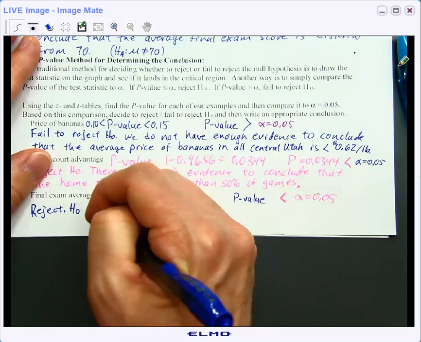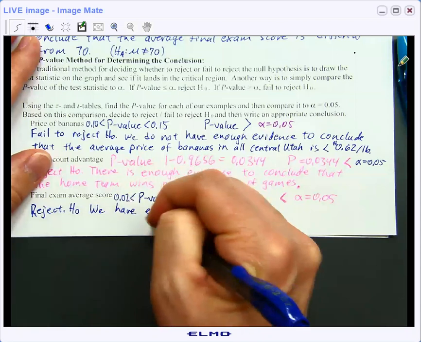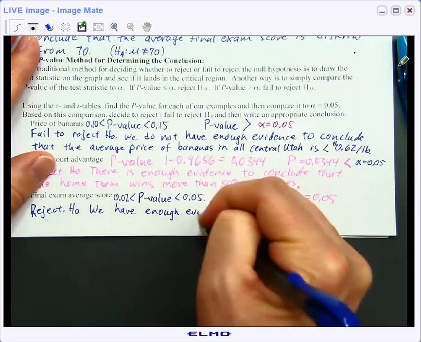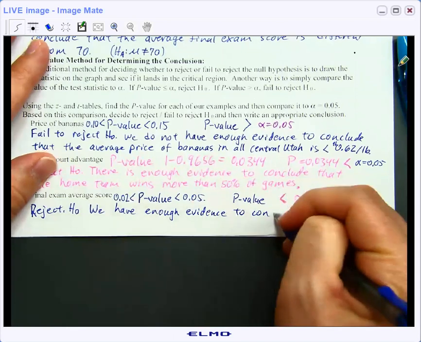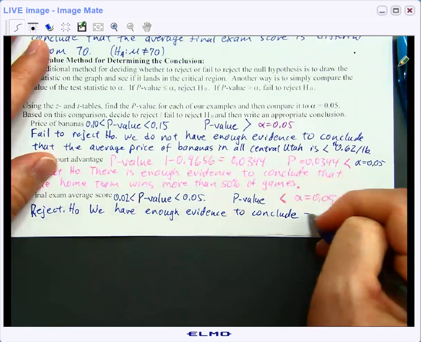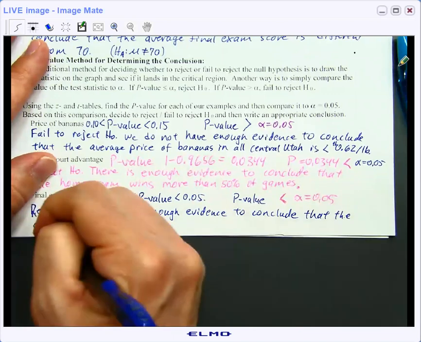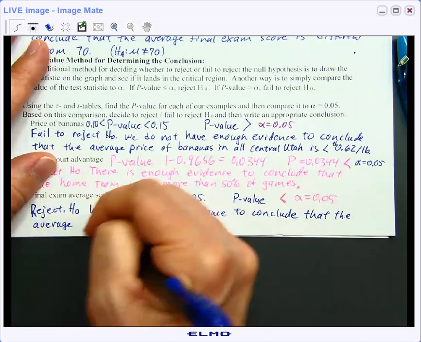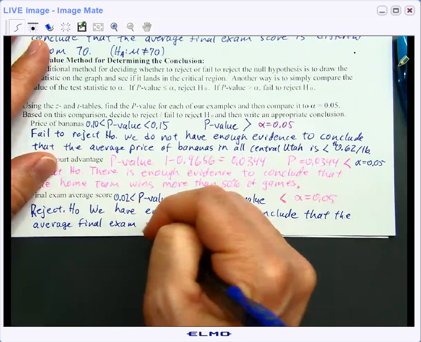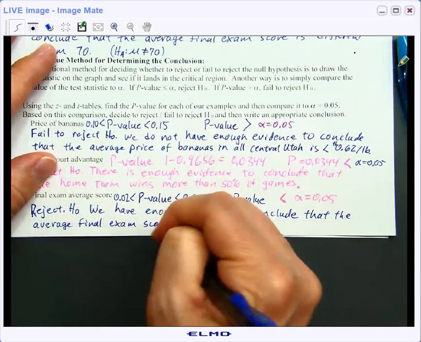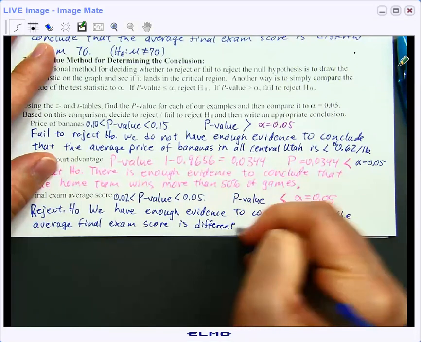We have enough evidence to conclude that the average final exam score is different from 70.